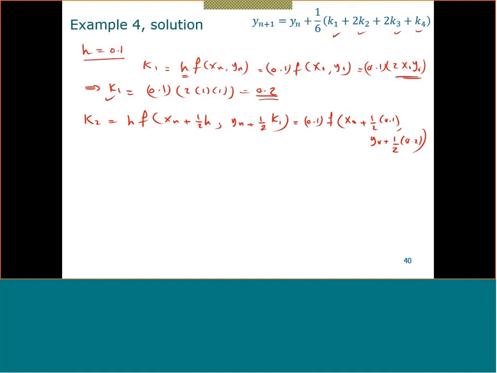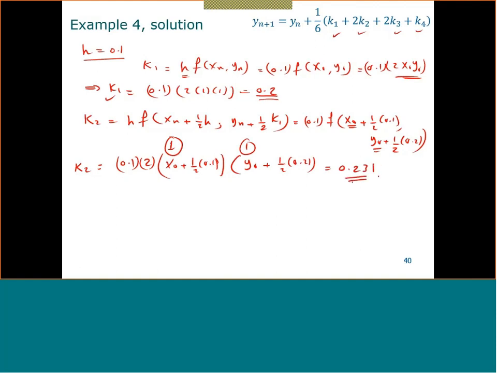We know x0 and y0, which are both 1. So K2 is 0.1 times 2 times (1 plus 1/2 times 0.1), which is 1.05, times (1 plus 1/2 times 0.2), which is 1.1. If you do the calculation, you will find this is equal to 0.231.